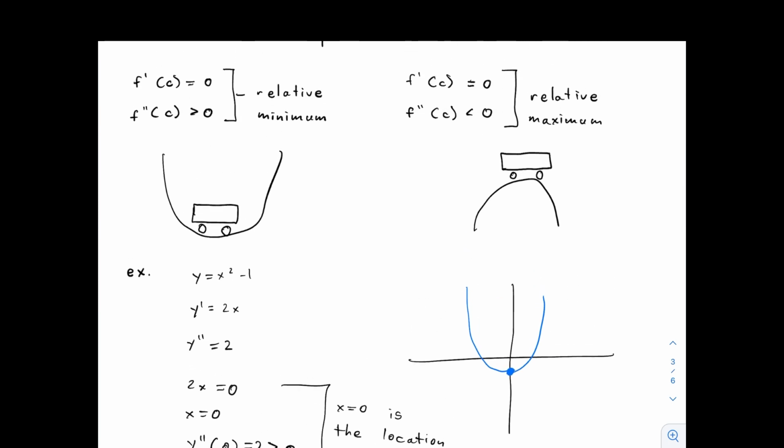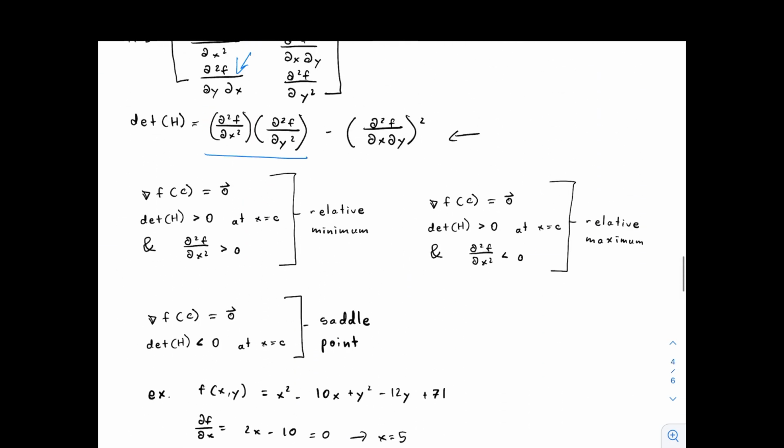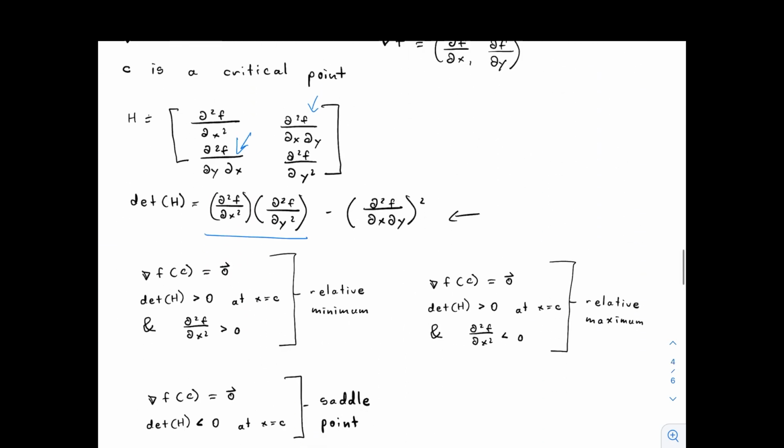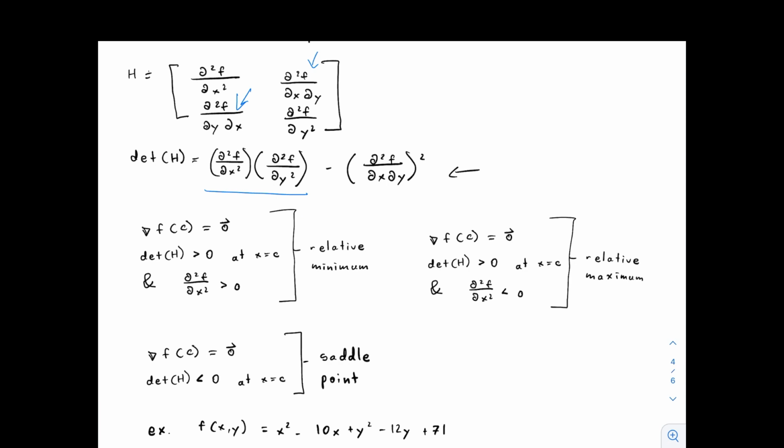What I failed to mention earlier is that if we have a critical point, where our first derivative is equal to 0, but our second derivative equals 0, then this test is inconclusive. Similarly, in the multivariable case, we wrote out these three cases, but technically there's a fourth case. And that fourth case is if our determinant of our Hessian matrix is equal to 0, then we don't have a conclusive result from this test.